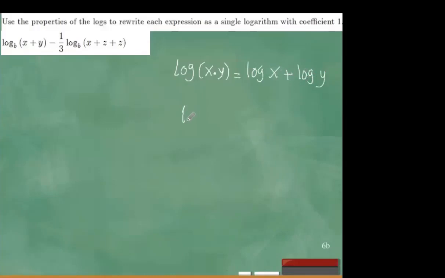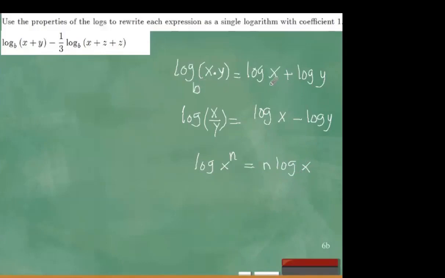If my argument is a quotient, x over y, I can write this as log of x minus log of y. If I have log of x to the power of n, that's the same as n log of x.